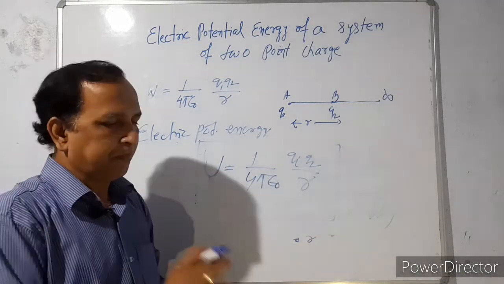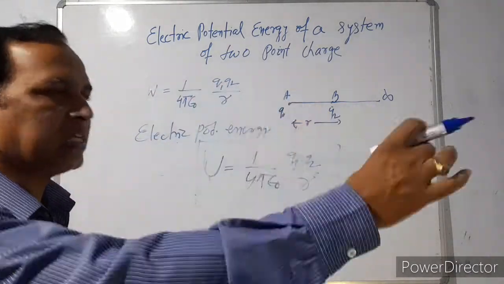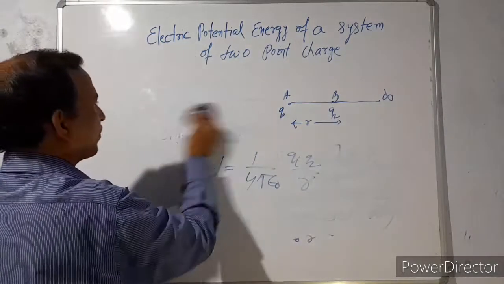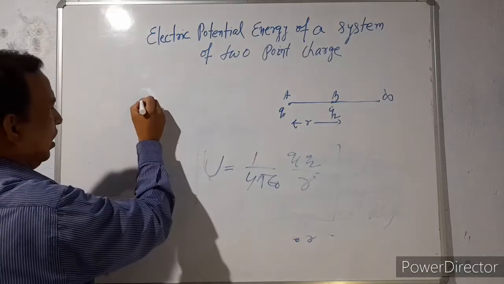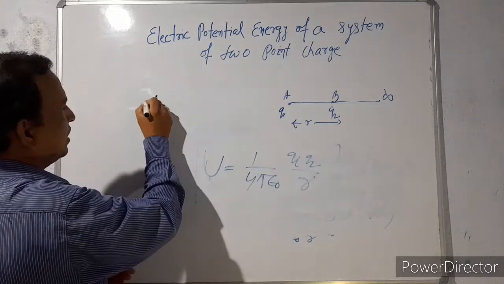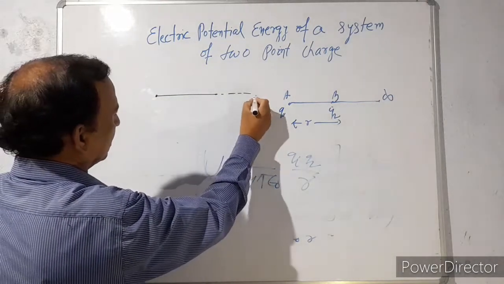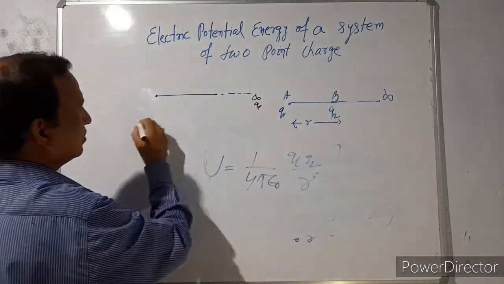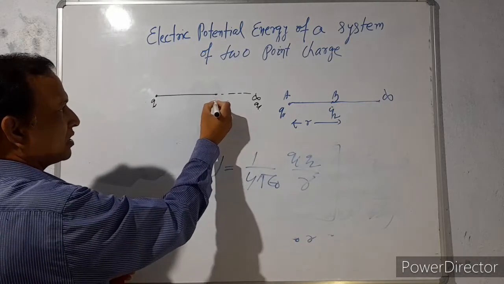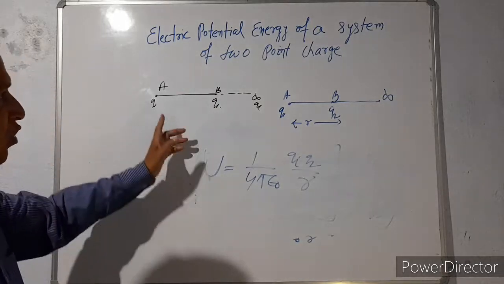Clear? As an example, suppose a charge Q1 is moved from infinity towards the point B. For this Q1 charge, there is no other charge.